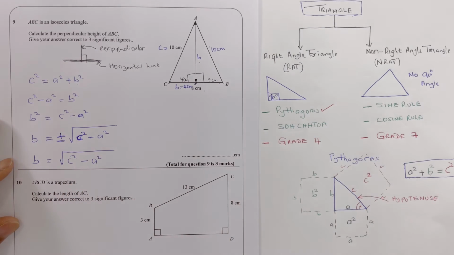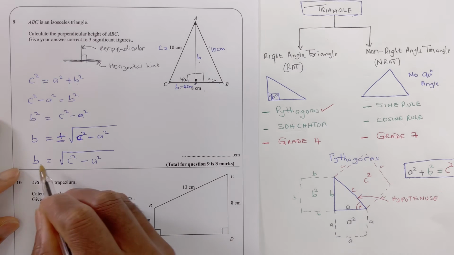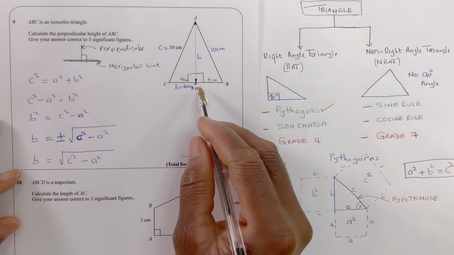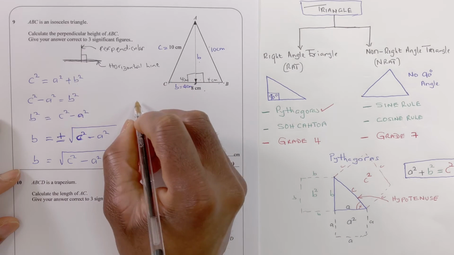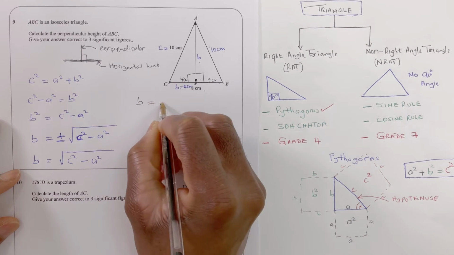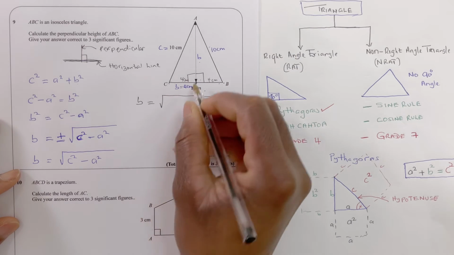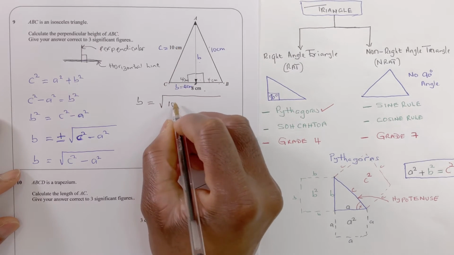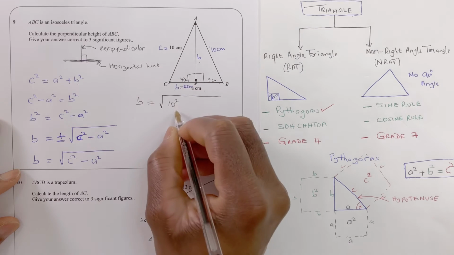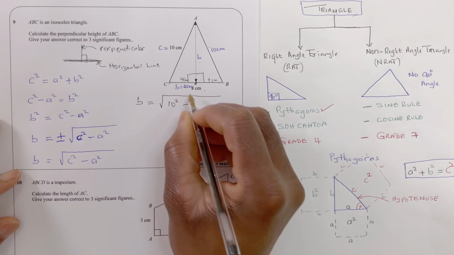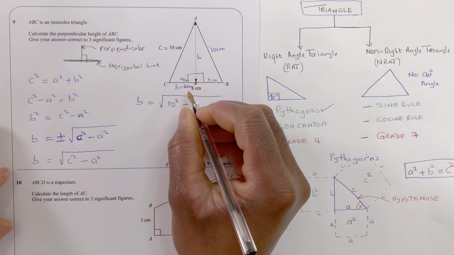Now I'm looking for B, so I need to populate those values with the values here. So B will be equal to square root of C squared, C is 10, so that will be 10 squared, minus A squared.